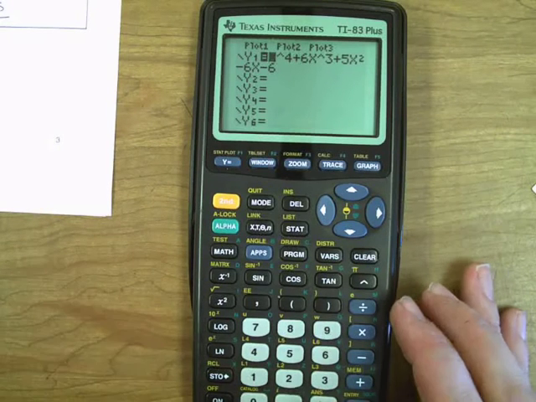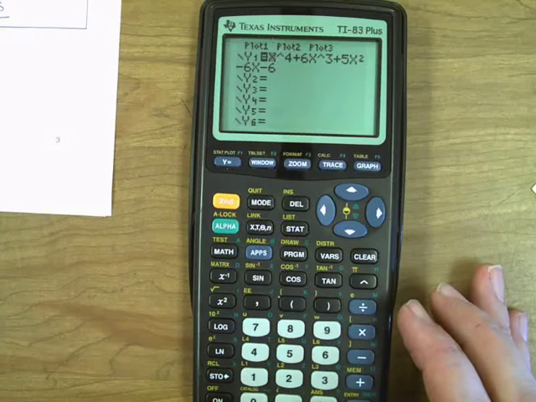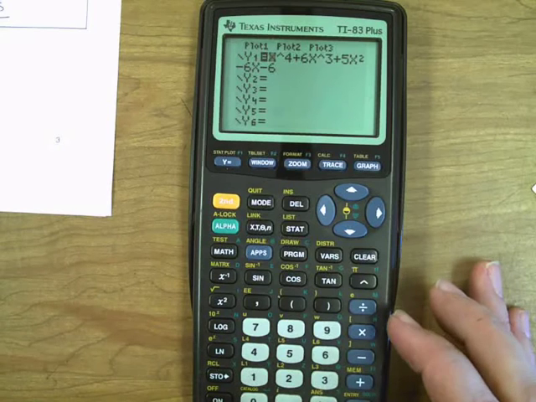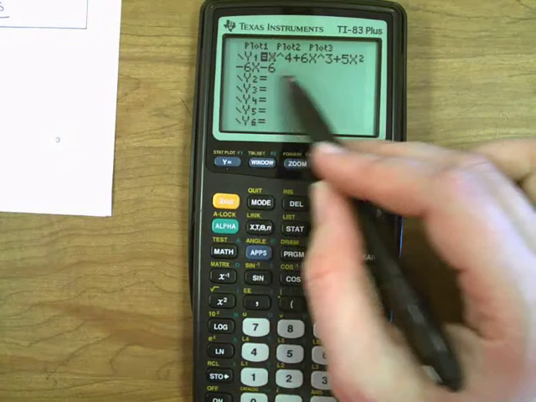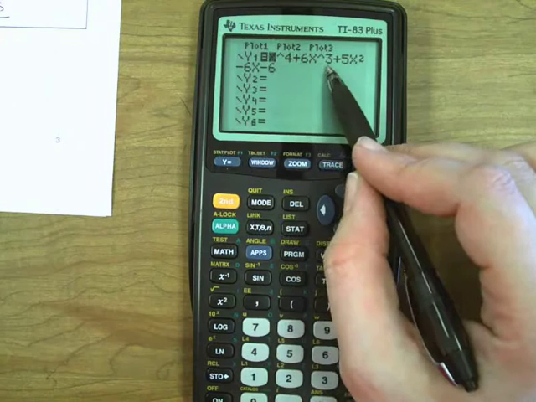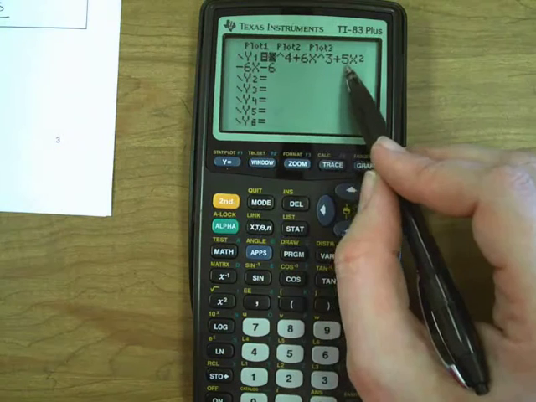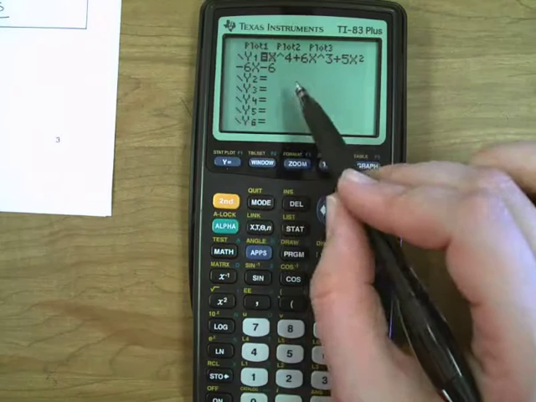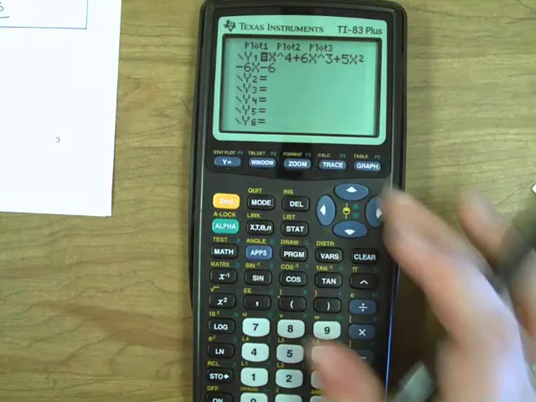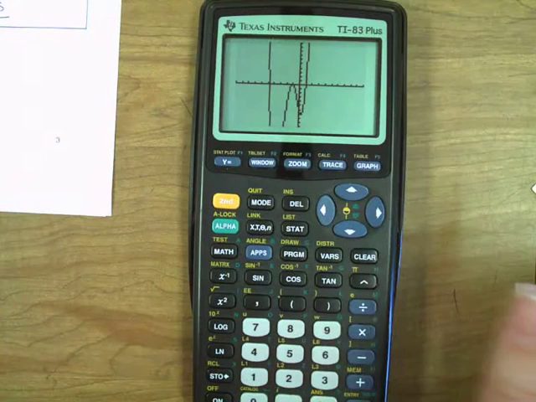Make sure I've typed everything in correctly. And then I'll look at the graph. So x to the 4th plus 6x cubed plus 5x squared minus 6x minus 6.